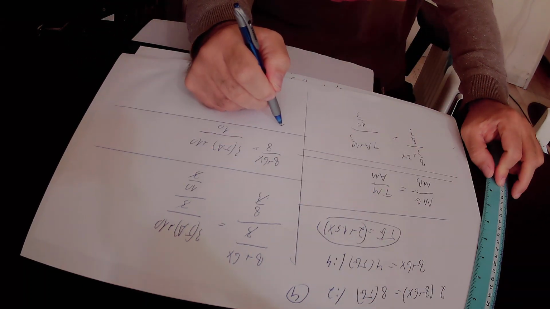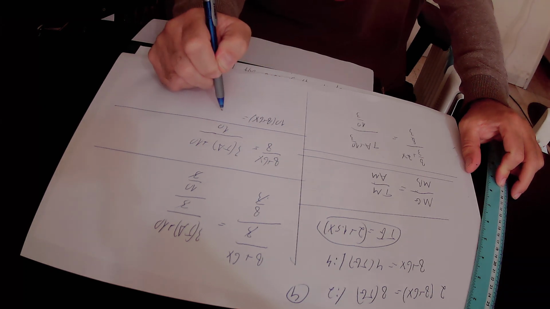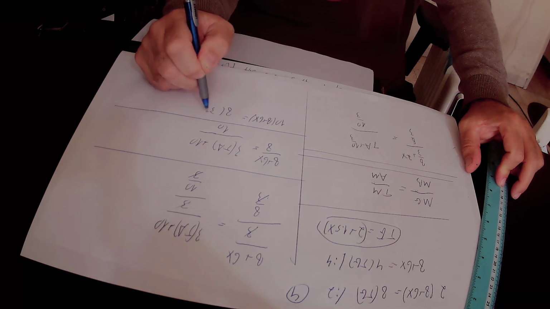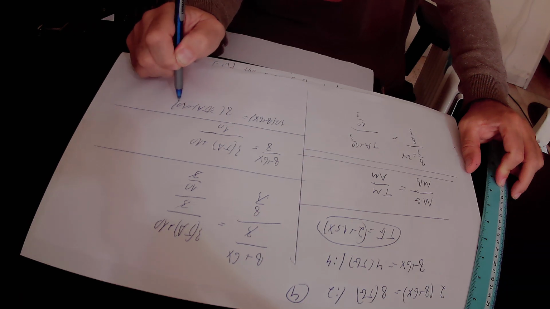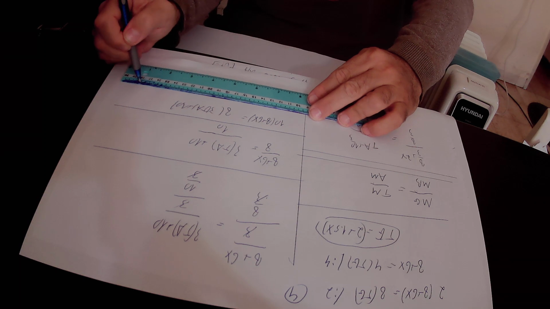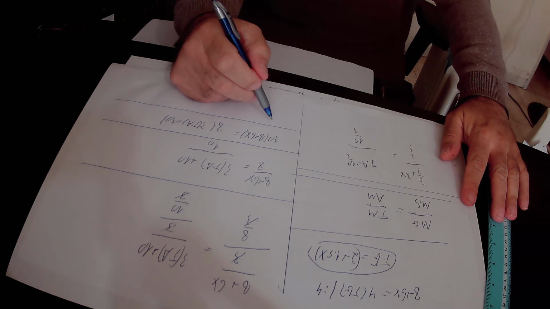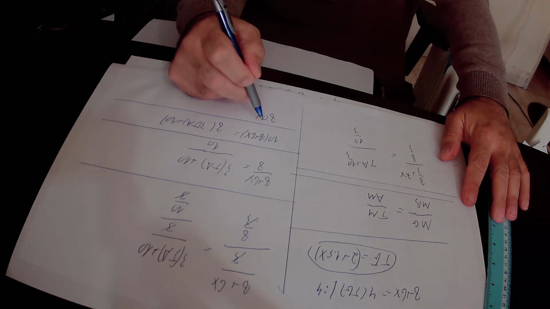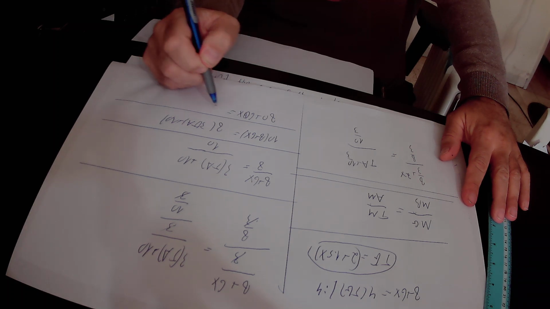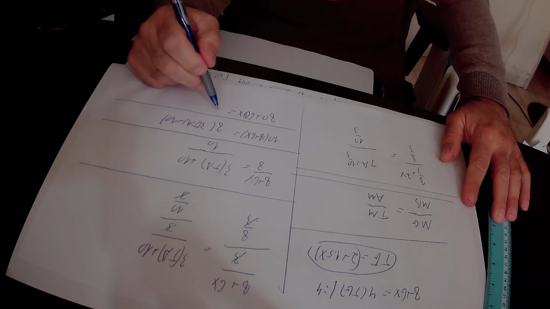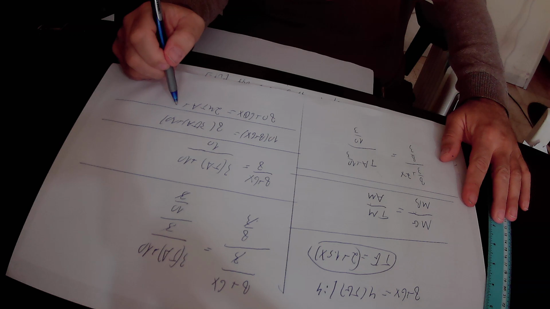Here we cross multiply this equation and we get that 10 times 8 plus 6x is equal to 8 times 3TA plus 10. So here we'll open the brackets on both sides of the equation and we get that 10 times 8 is 80 plus 10 times 6x is 60x, that is equal to 8 times 3TA is 24TA plus 8 times 10 is 80.